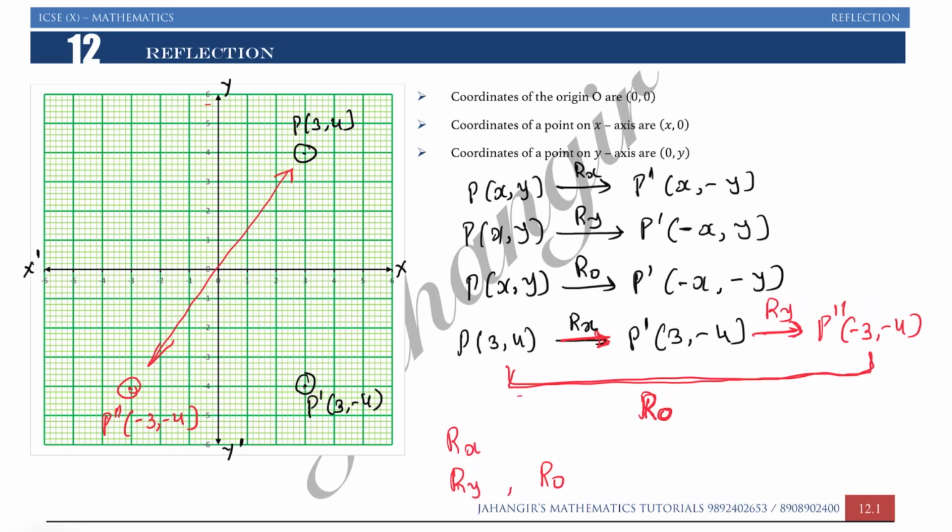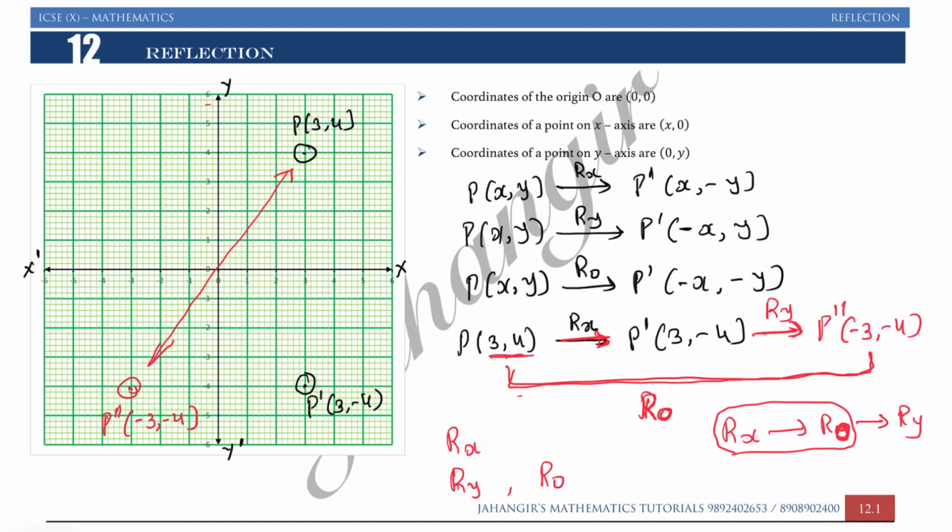Same way, if you are reflecting in x-axis followed by reflection in origin, you will get reflection in y-axis. So when you are doing two transformations, X and Y, you will get origin; X and origin, then you will get Y. This is called single transformation.